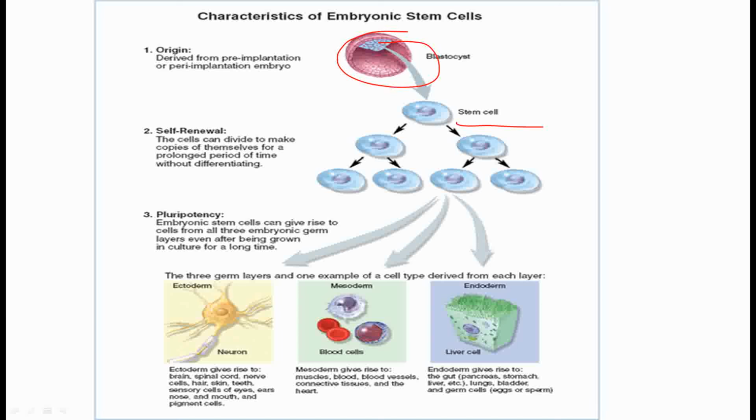These stem cells are pluripotent in nature and further they give rise to many kinds of cells, many kinds of systems. Pluripotent stem cells have the ability to form ectodermal organs, mesodermal organs and also endodermal organs. This is ectoderm, mesoderm and endoderm.